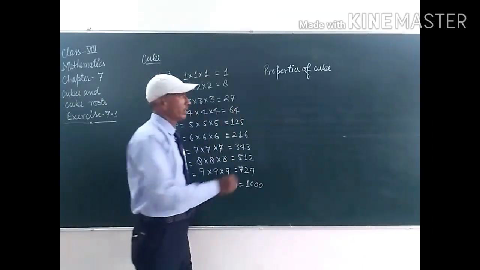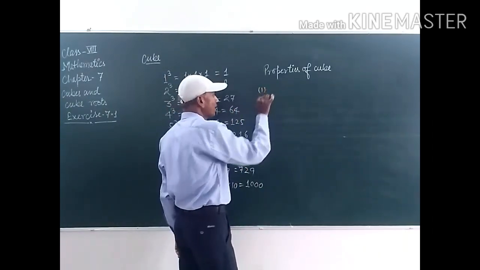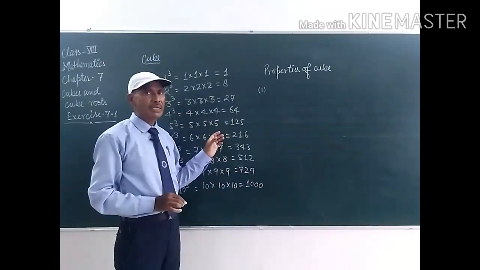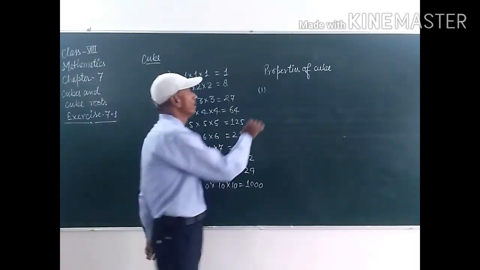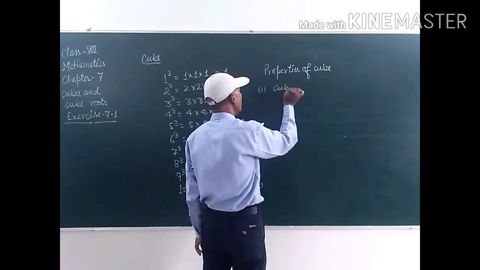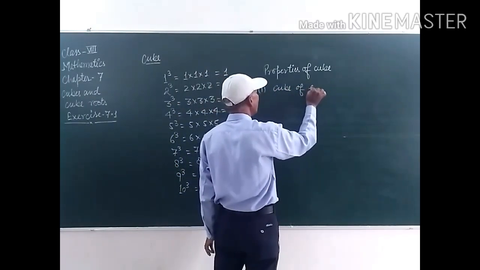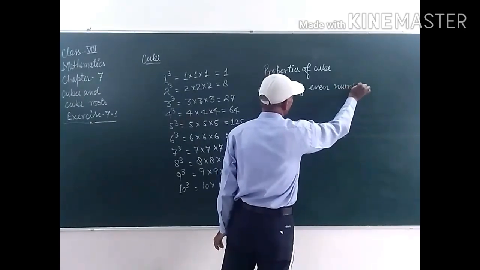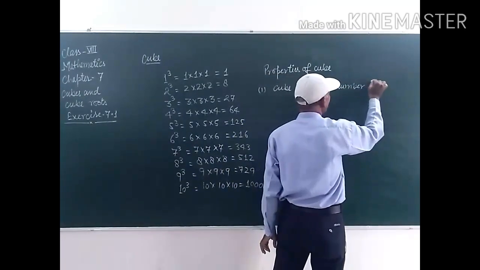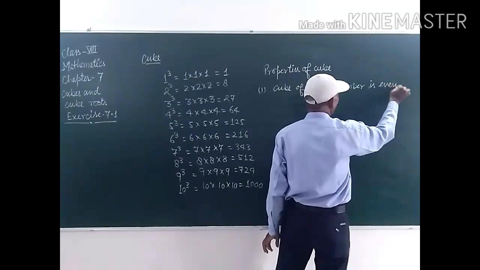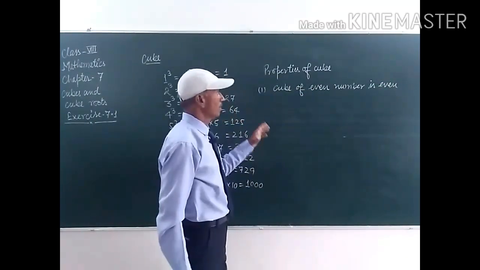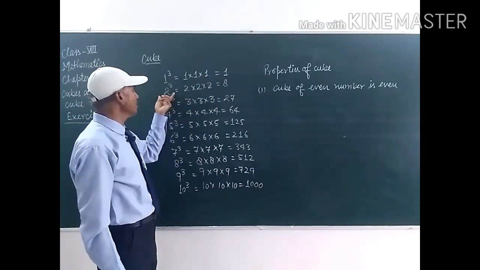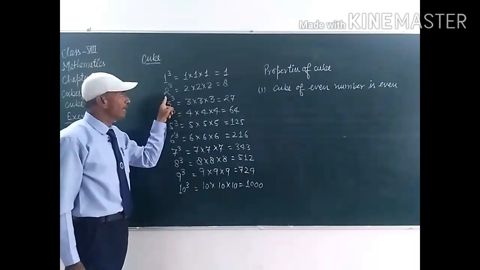Properties of cubes student. So the first property is that the cube of an even number is always even. Cube of an even number is even. This one student. In this table student, we find that this one 2 is an even number.